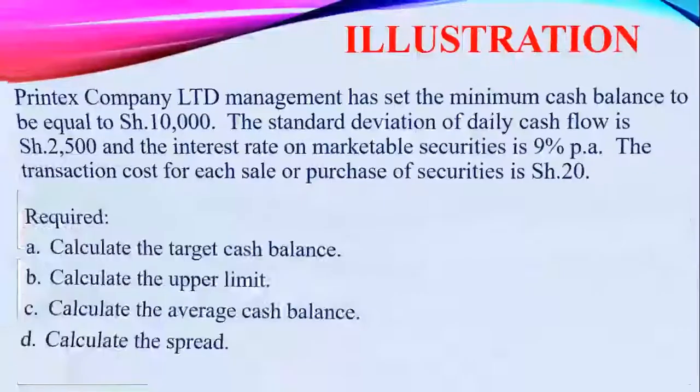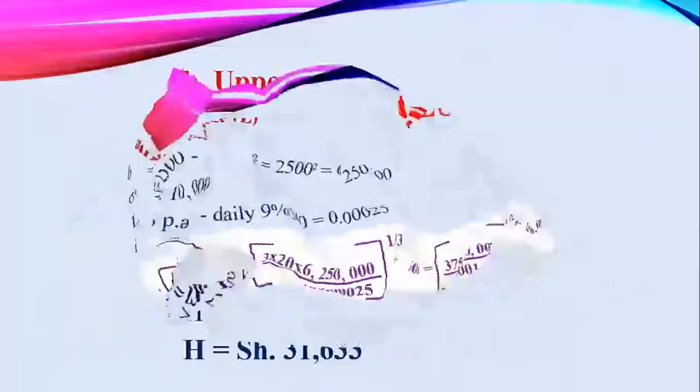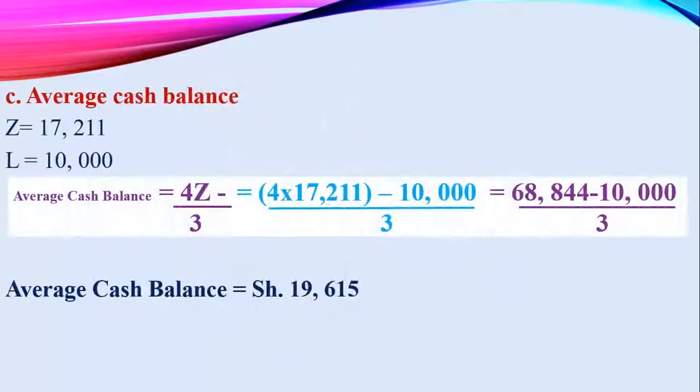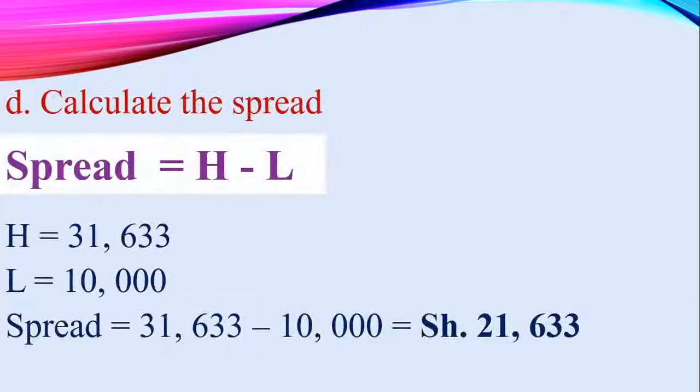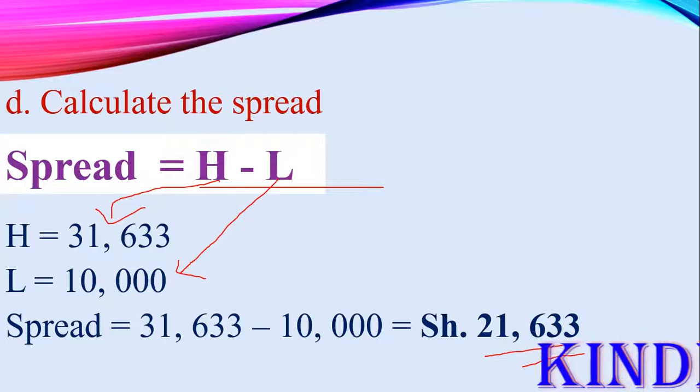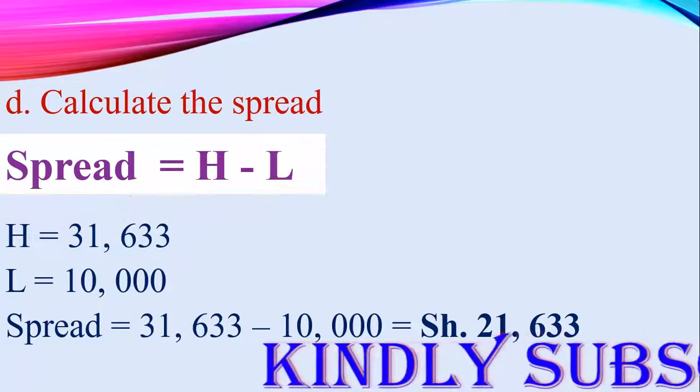To get the spread, you simply take the higher limit, you less the lower limit, that is H minus L. We have already seen that our H, which we had gotten as 31,633 shillings, and our L was 10,000. Subtracting that, you get the spread as 21,633.